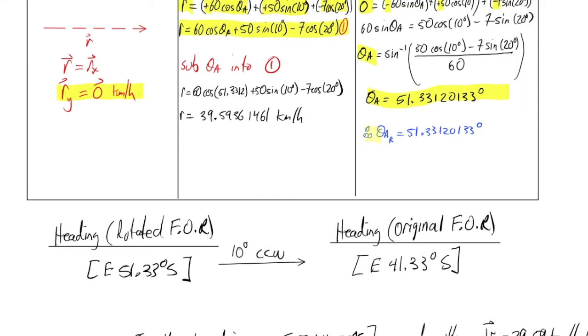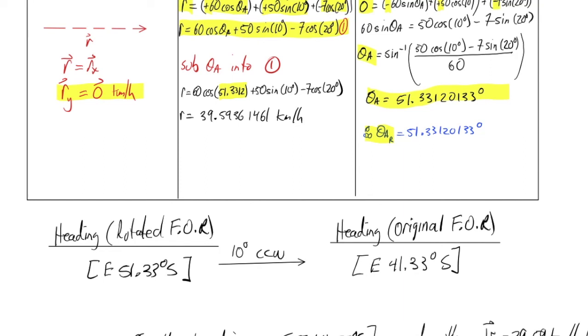This value here, this theta A in the rotated frame of reference, is the value that we have to use for the remaining calculations. So when we want to figure out what the actual resultant is, notice that it's this value for the angle. If you correct the angle back to the original frame of reference and then use that value in here, you will get the math wrong.